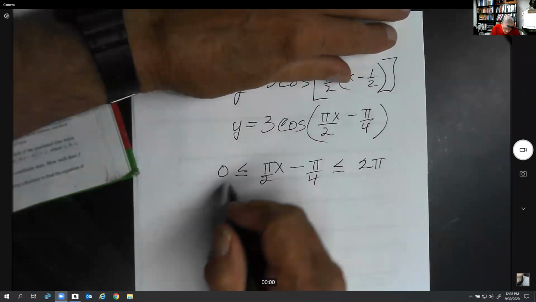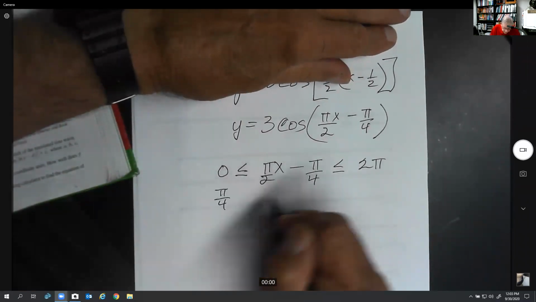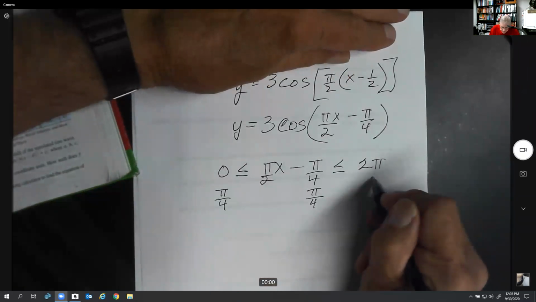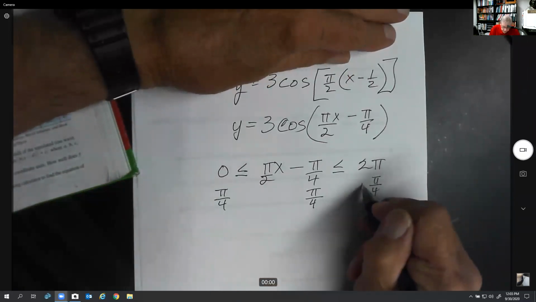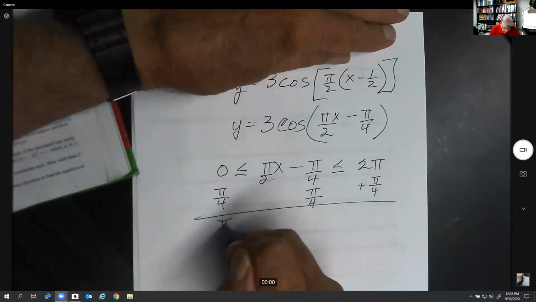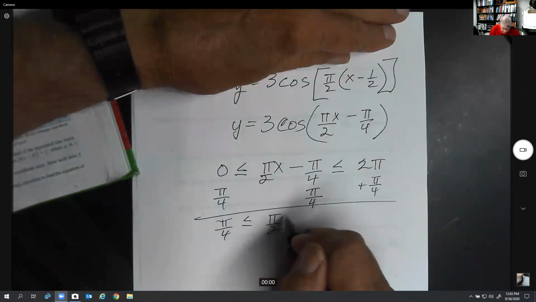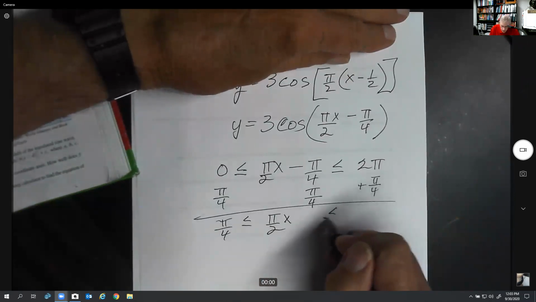Then you can get rid of this, add pi over 4. So this would be pi over 4. This would be pi over 2x. This would be what?